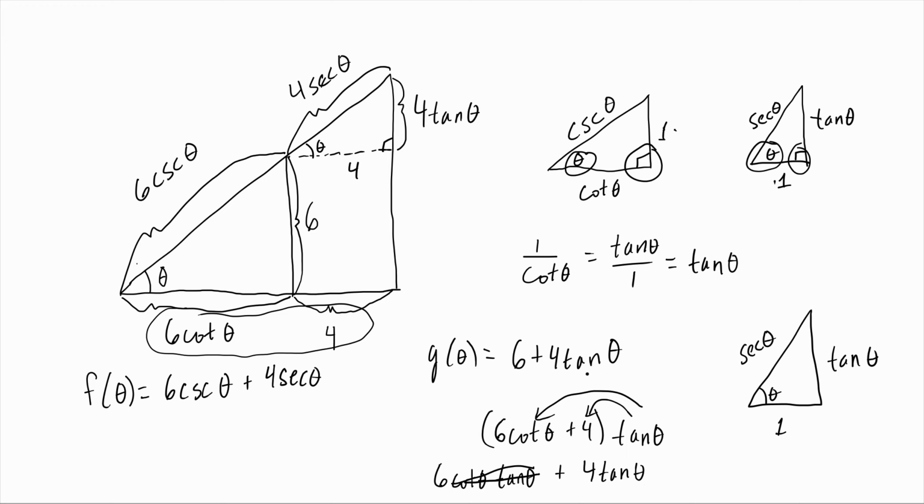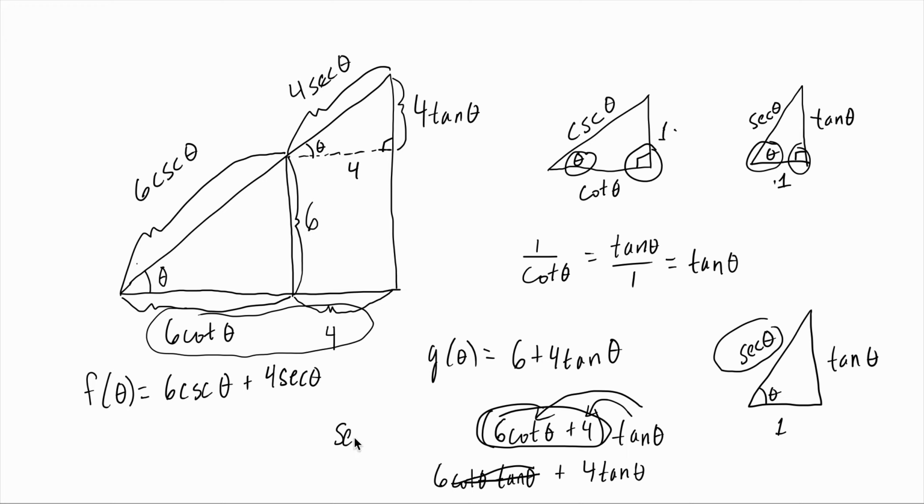So now, similarly, you could have taken this whole expression, 6 times cotangent theta plus 4, and multiplied it by secant of theta. Right, because if you multiply all the side lengths of this triangle by this, we just multiply the tangent by it. But if we multiply it to the secant, we'd actually get this through distributing. And let's just take a look at that.